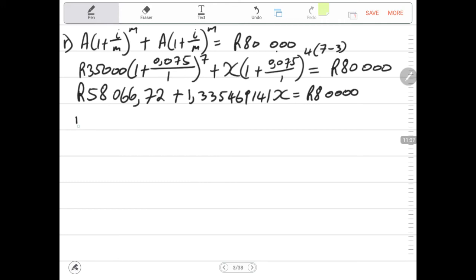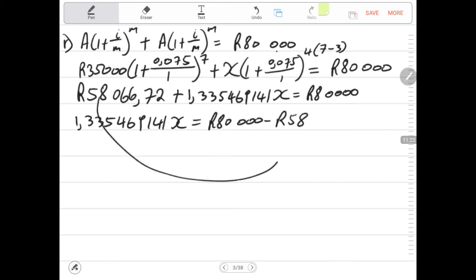Then after we say 1.335469141x is equal to 80,000 rands minus 58,000 rands. This goes over the equal sign, and when it goes over the equal sign, it becomes negative.